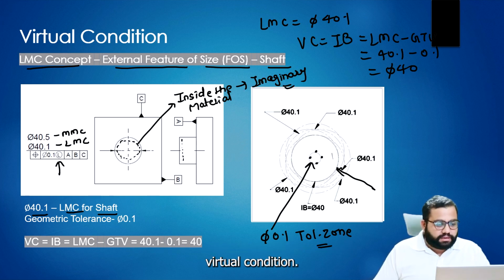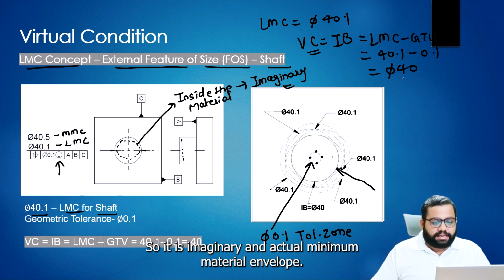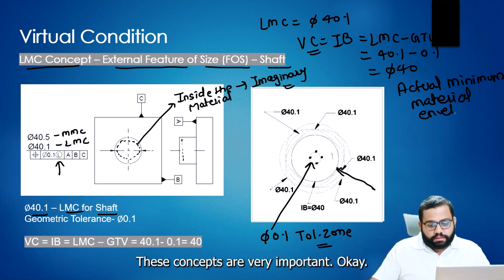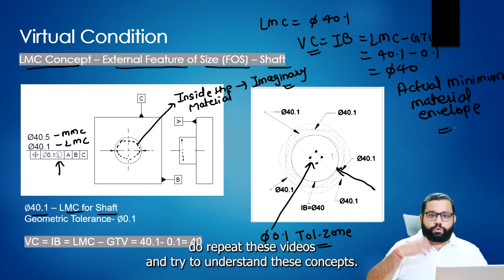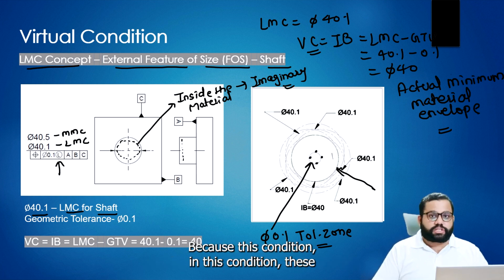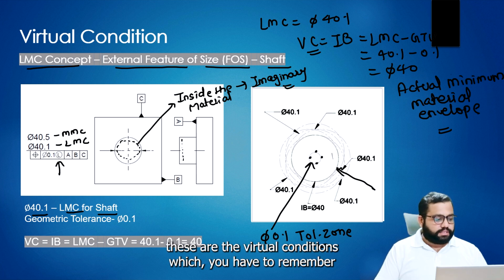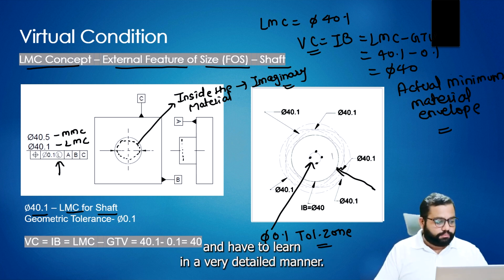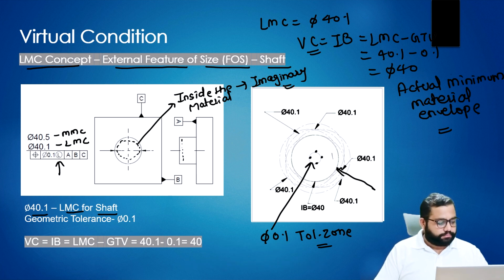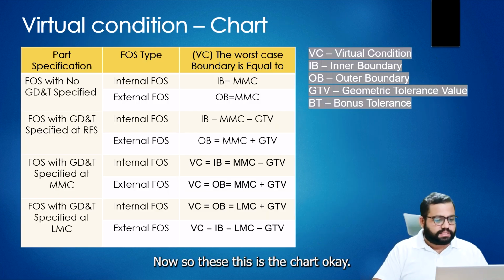This is the imaginary virtual condition, and the actual minimum material envelope. These concepts are very important. If you don't understand, do repeat these videos and try to understand these concepts, because these are the virtual conditions which you have to remember and learn in a very detailed manner. Now, this is the chart.